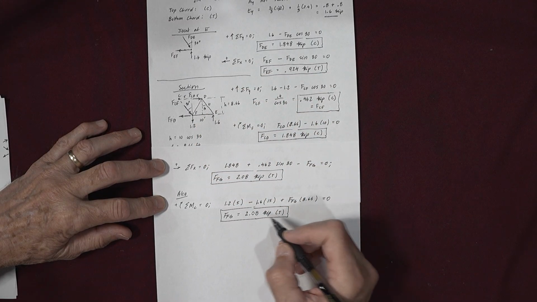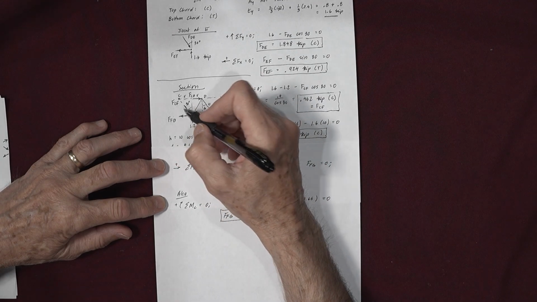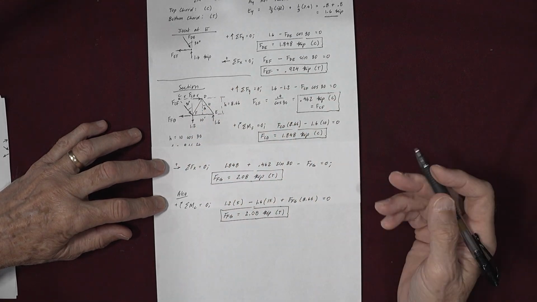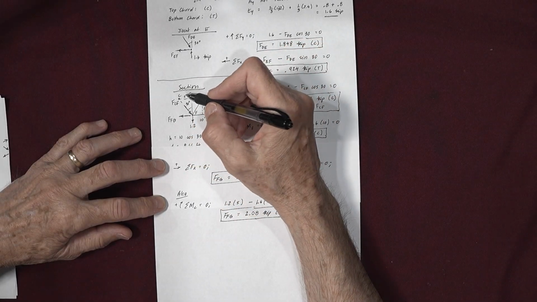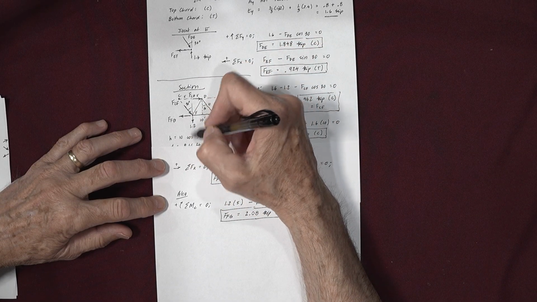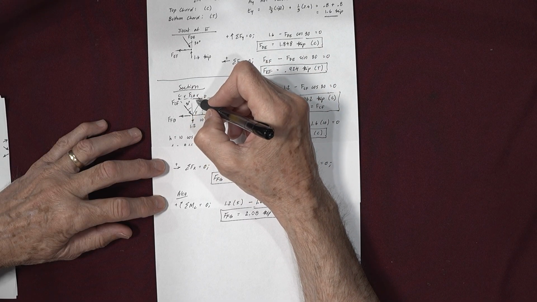You can solve for FFG, and it's 2.08 kip. And again, it's tension because it's pulling down here. So there are really two choices to get FFG. And of course, this gave us practice writing a different moment equation.